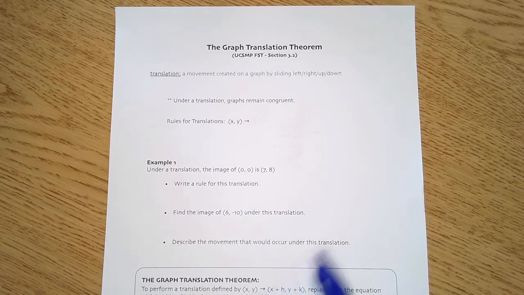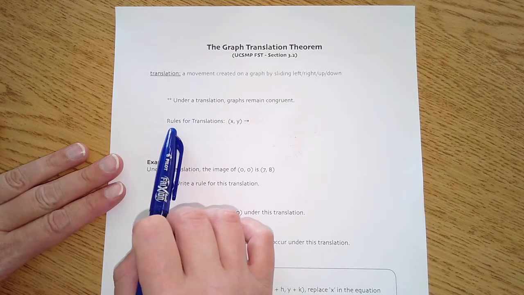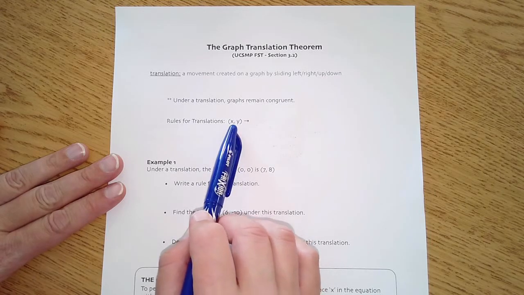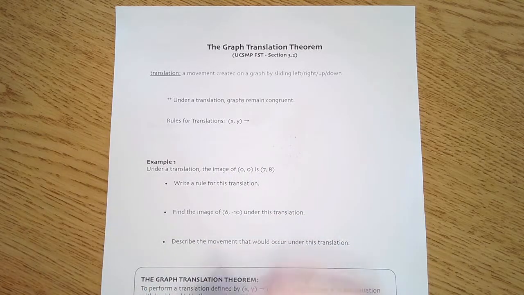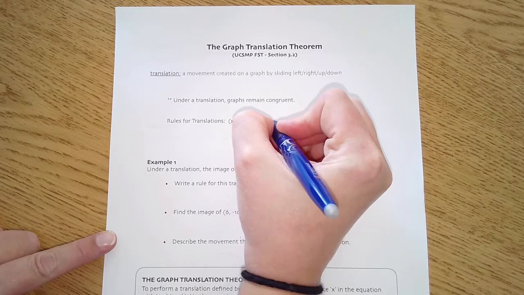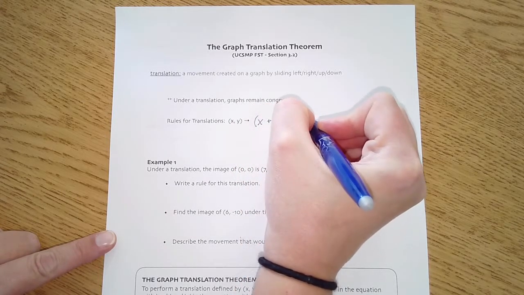We have an algebraic notation that we use for translations called a rule. With a rule, we take a coordinate (x, y) and we show how it's mapped to a new coordinate. For translations, that's always going to look something like this: (x plus h, y plus k).